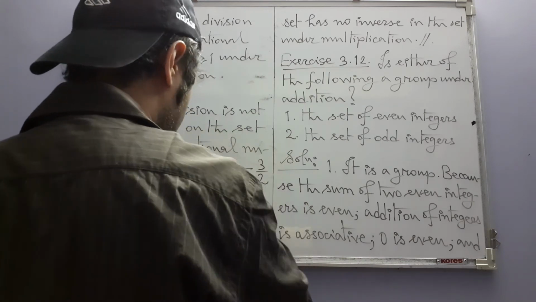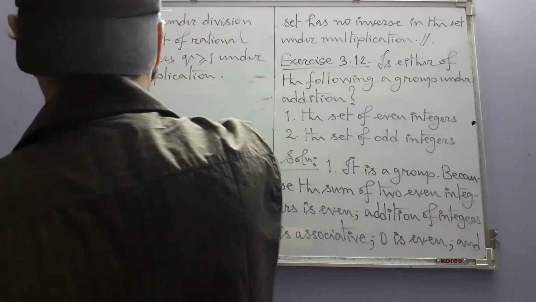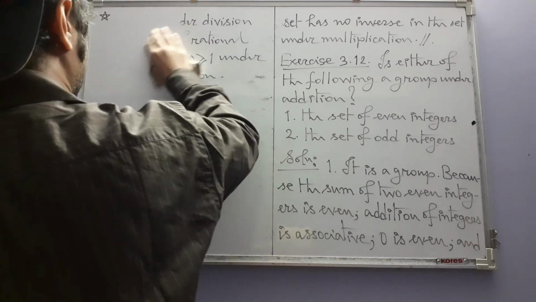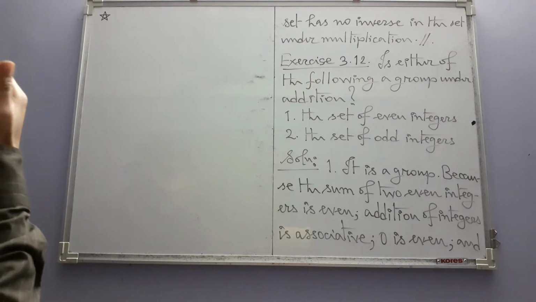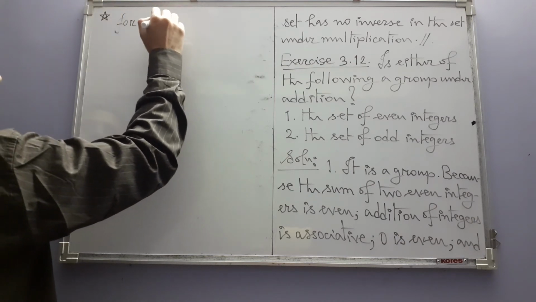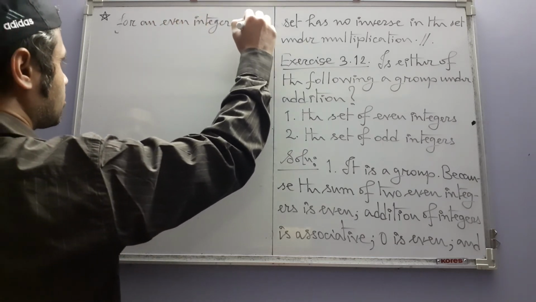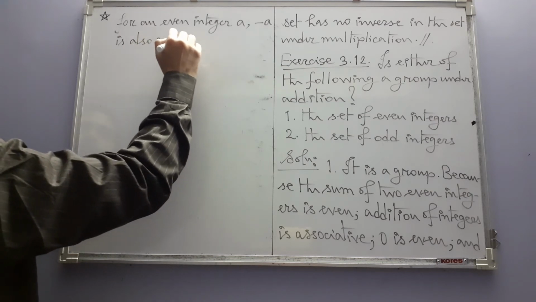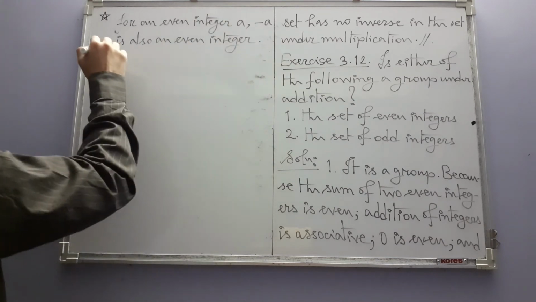In fact, this is not just a group, it's an Abelian group, because addition of integers is commutative also. a plus b is equal to b plus a. The second one is not a group.